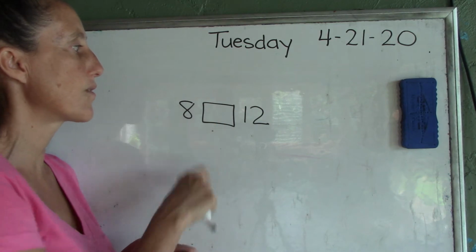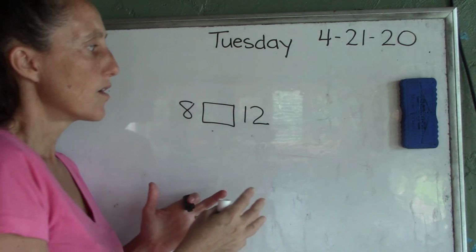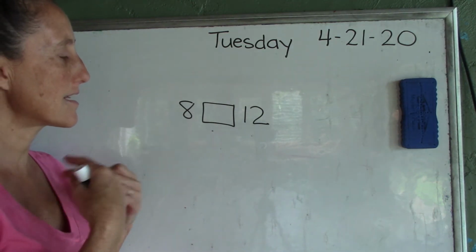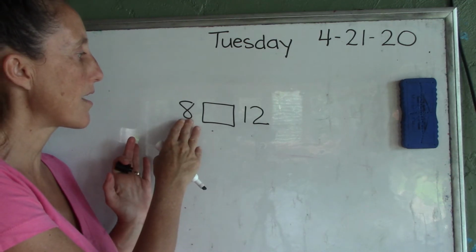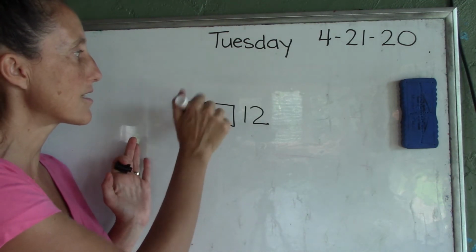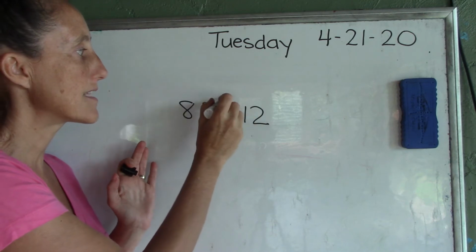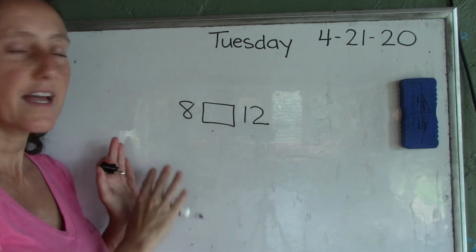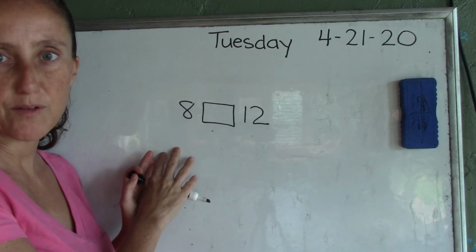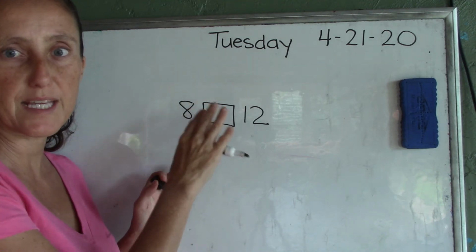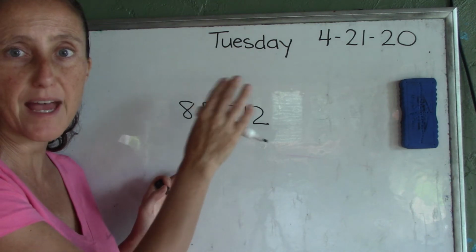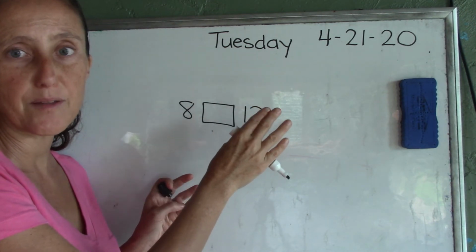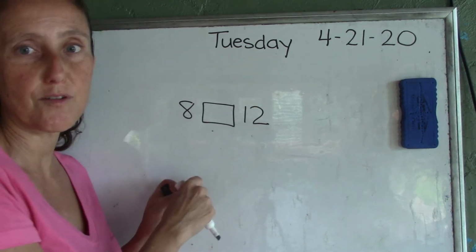So how I do it is I start counting, and when I pass 8, I start writing all the numbers that I say before I get to 12. I know that 5 is smaller than 8, so that wouldn't work. So let's start counting at 5, and when we get to 8, every number that's past 8 we'll write up on the board, but we'll stop before we get to 12.